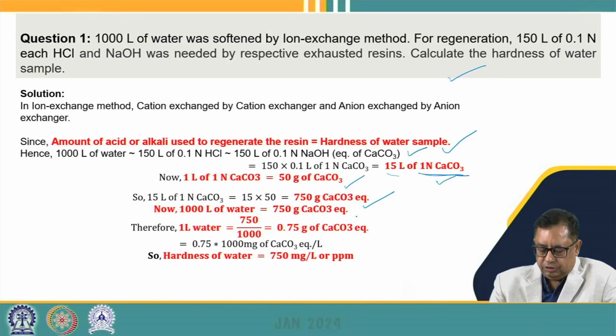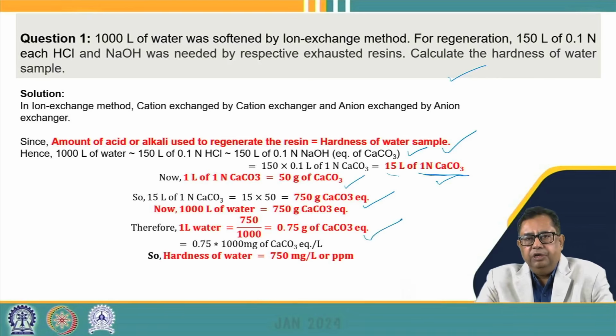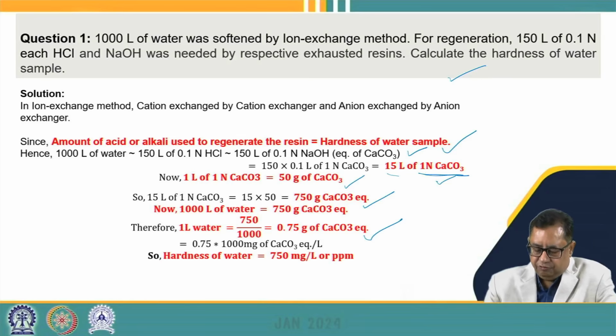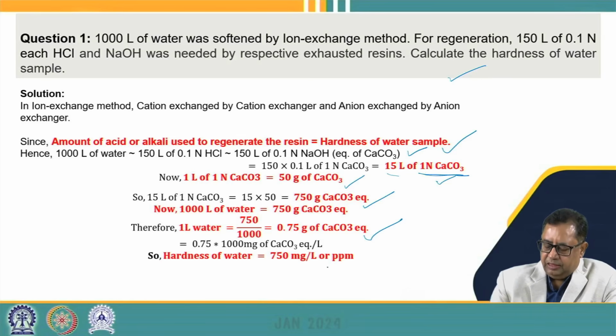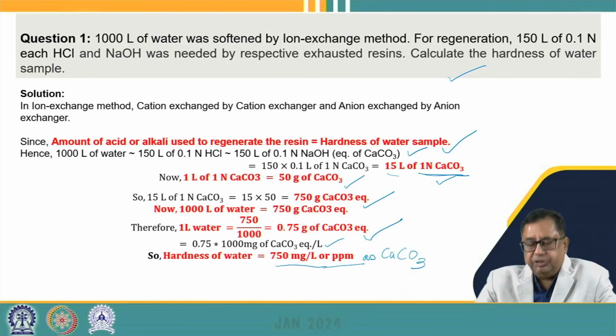So 1 liter of water will require around 0.75 grams of calcium carbonate equivalents. So the hardness of the water can be represented as 750 milligrams per liter, as we convert this 0.75 grams into milligrams, and that represents the hardness of the water.